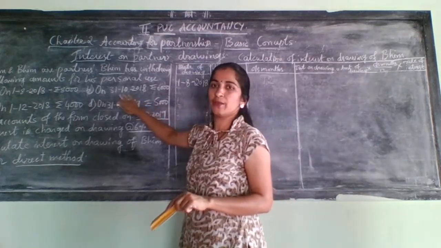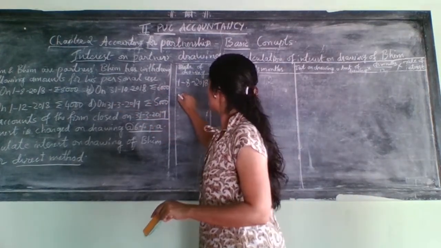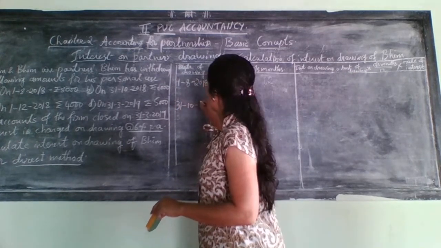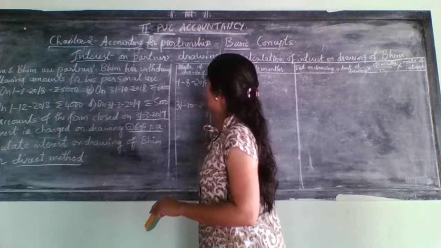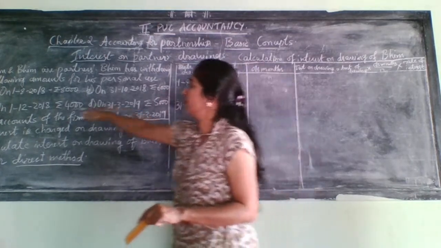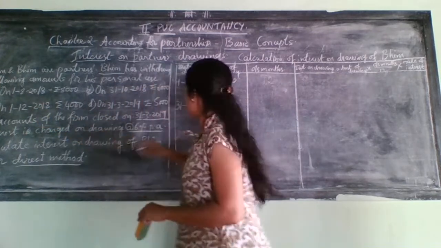Next is which one? 31st/10. Okay, right here, 31st/10/2018. What is the amount? 6,000. Later on, 1/12/2018.